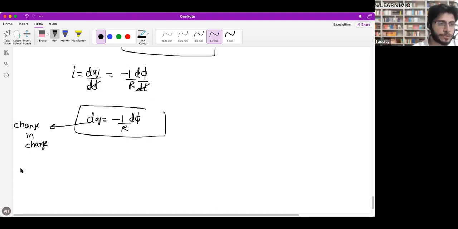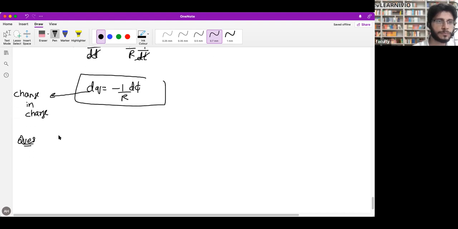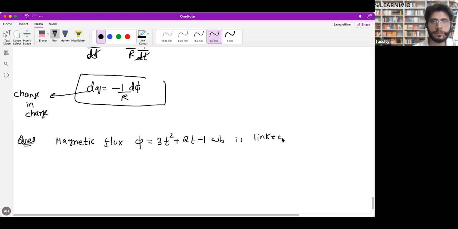Okay, now write this question. So you have a magnetic flux phi equal to 3t square plus 2t minus 1 Weber linked with a coil.